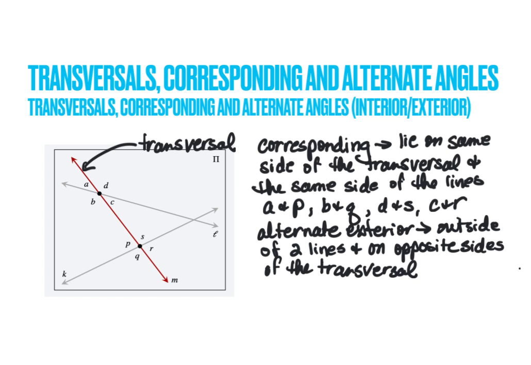So if we look at our diagram over here, opposite sides of the transversal, left and right, exterior. A is on the left, outside. R is on the right, outside. So A and R would be alternate exterior, and D and Q.